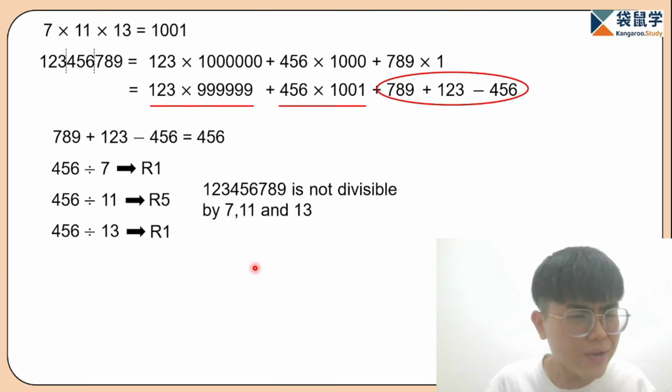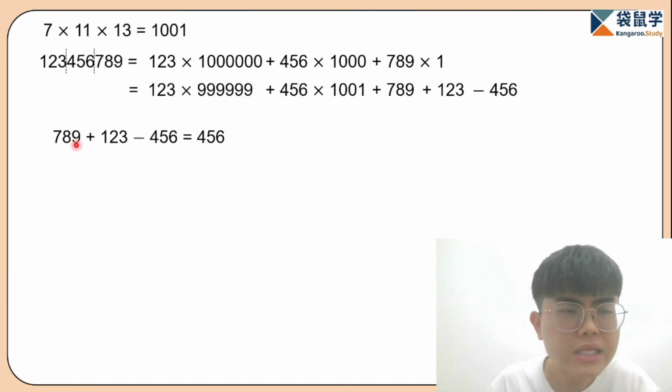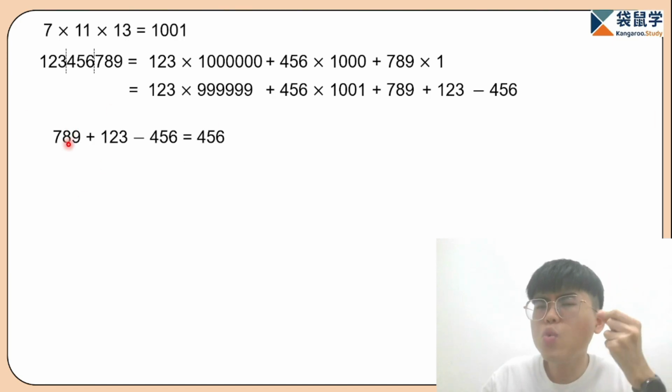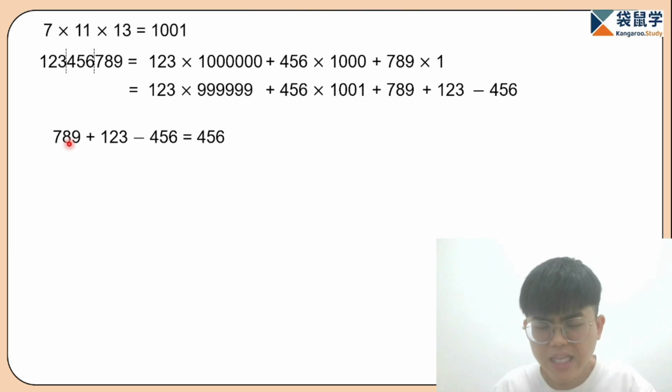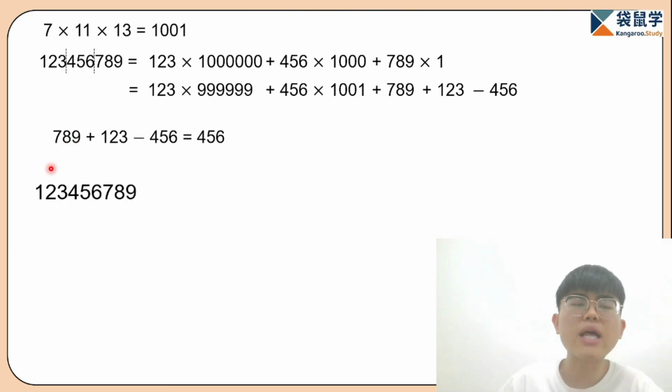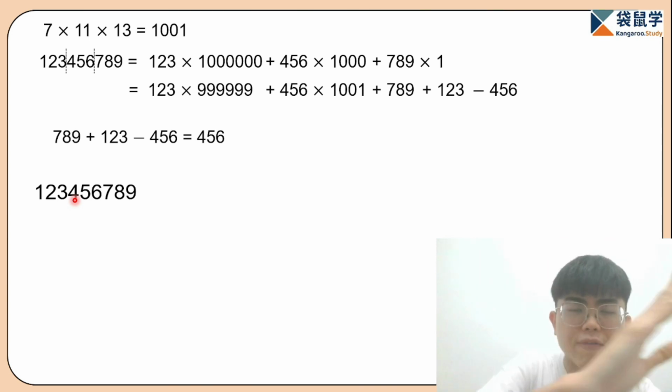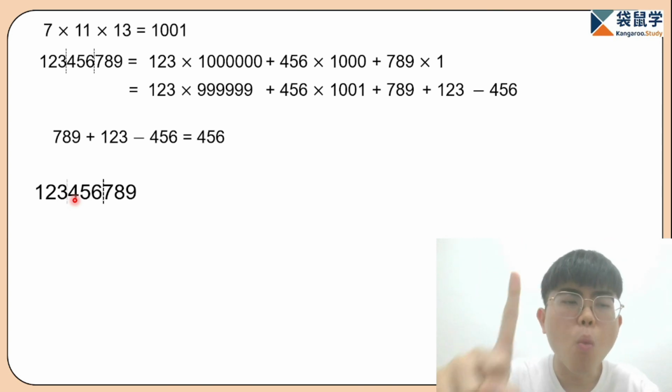So everyone, what are we doing here? How do we know whether we should add or minus each part? Now you can see that with our 9-digit number, just now we said that we have to split from the right to the left, 3 digits into one part.